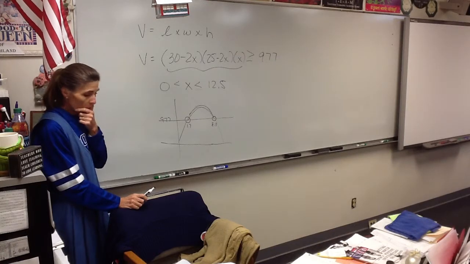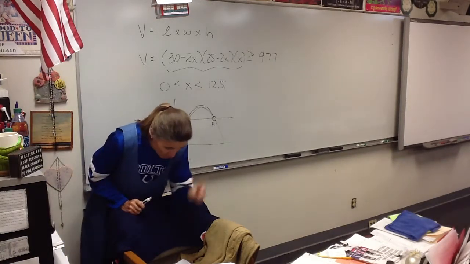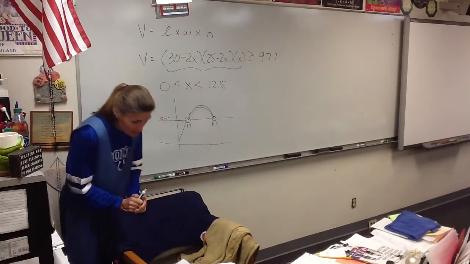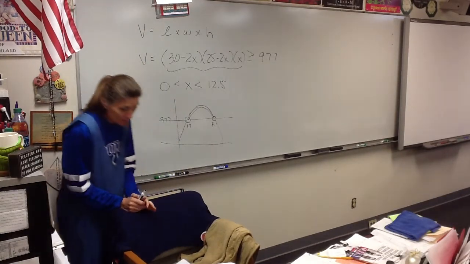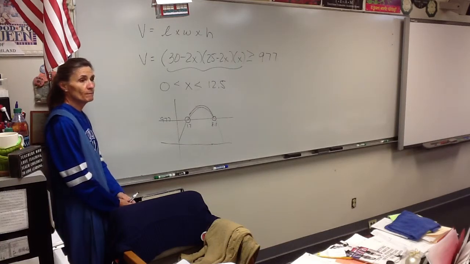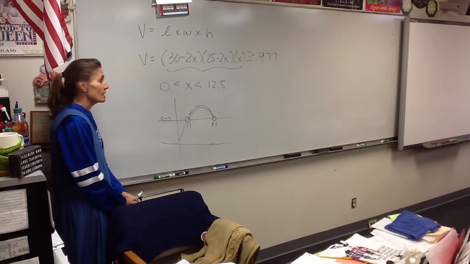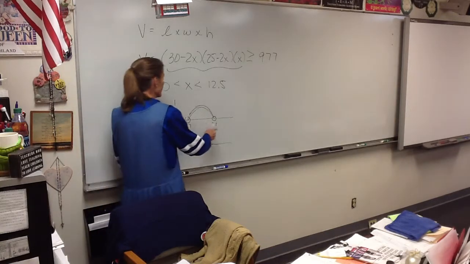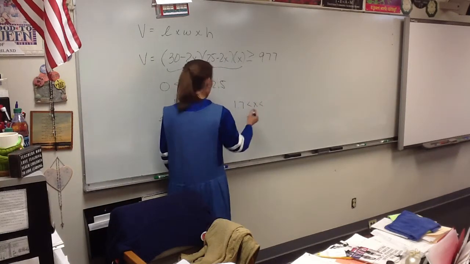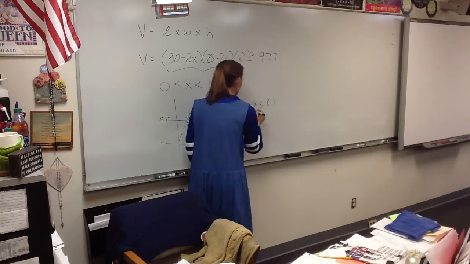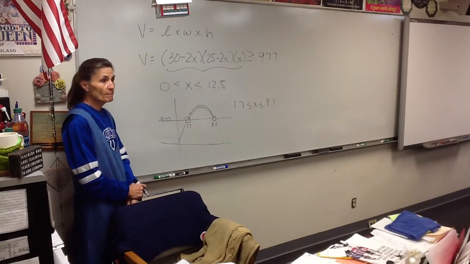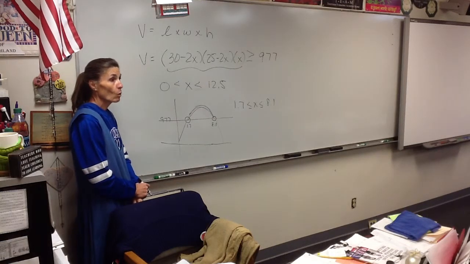All right, so read the question again. Let's make sure we answer it. Find the size of the corners that need to be cut so that the volume is at least 977. So how are you going to answer that question? Plug those points in. Anything in between 1.7 and 8.1 will give me a volume of 977, right? Or higher.